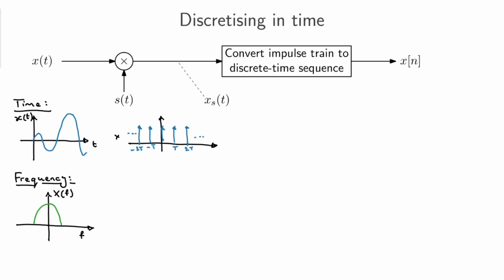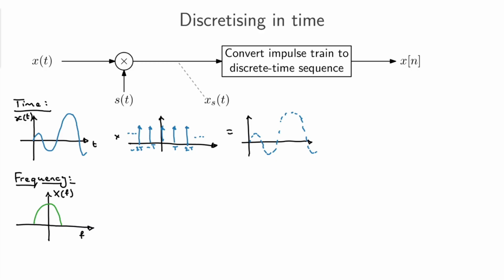Now, the result of that multiplication is another signal in the time domain. It kind of looks like our original signal. So here's our original signal, and I've multiplied this thing with this thing, and the result is just a bunch of impulses.